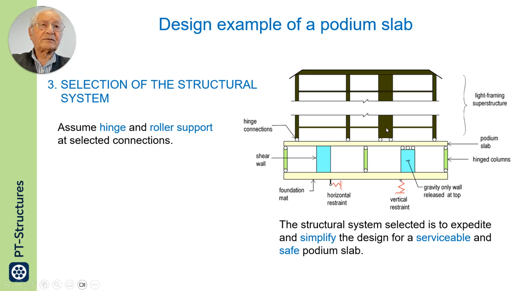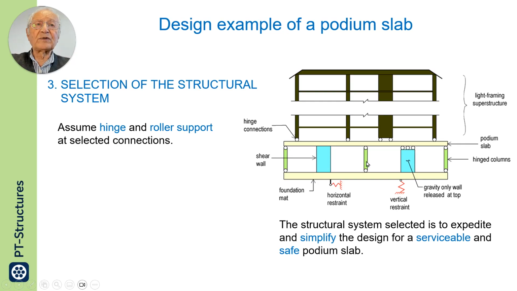The wall from the top, I have assumed hinge support. When it comes to support of the podium slab itself, I have assumed the shear walls to be rigidly connected to the podium, but the non-shear walls are assumed to be on rollers, so the horizontal force will not be taken by these shear walls.